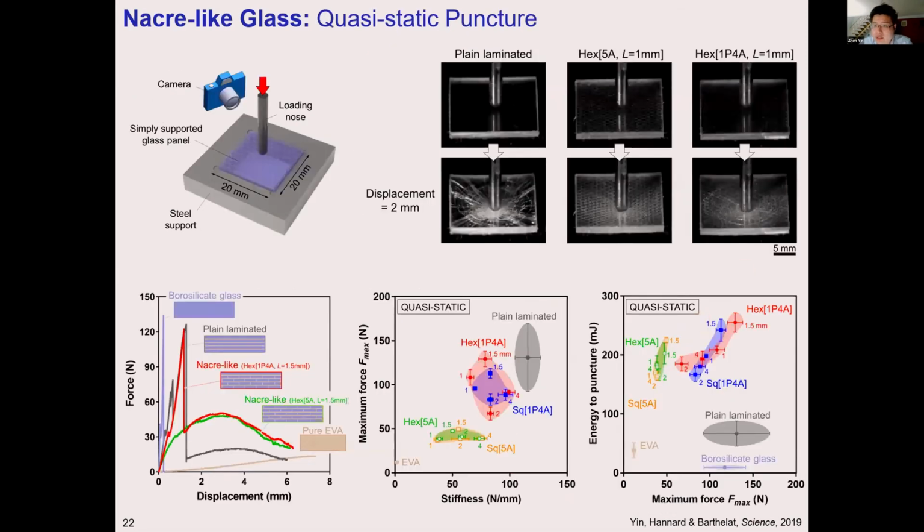Following the design principles we proposed before, using hybrid and segmented designs, the overall trend is similar to what I just presented in the previous sections. We finally got a stiffness and strength close to plain laminate glass, but our energy absorption and puncture resistance is greatly improved by two or three fold.